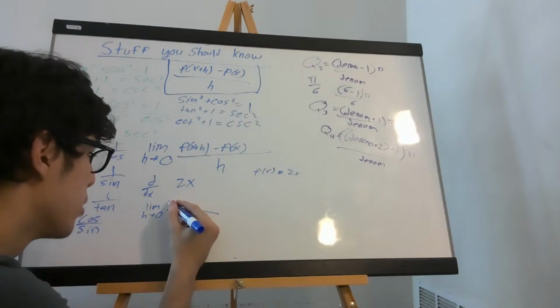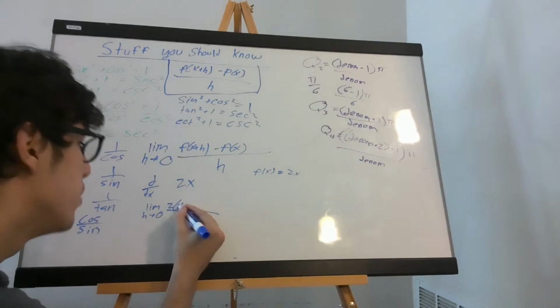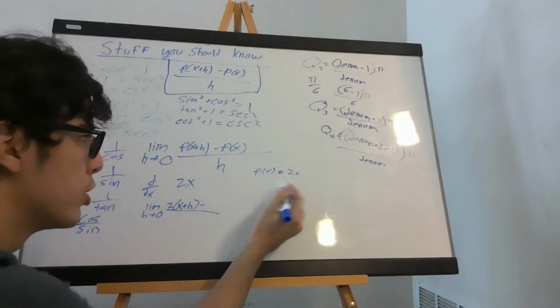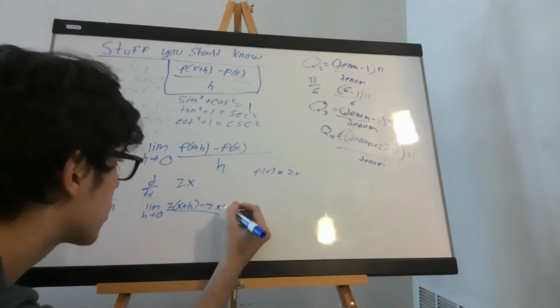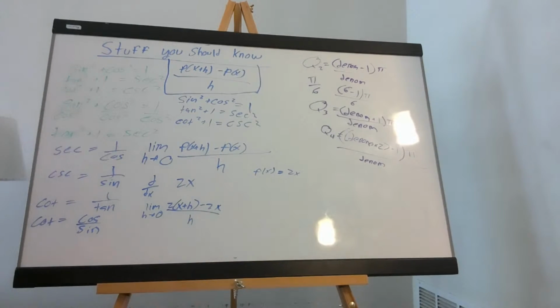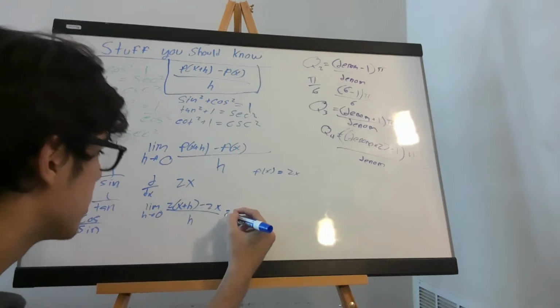So we're just going to plug in plus h for x there. So it's now going to be, instead of 2x, 2 times x plus h. We will then subtract the original statement, which was 2x. And then we will divide by h. So this probably doesn't look too pretty right now, but with a little simplification, it's not actually that bad.